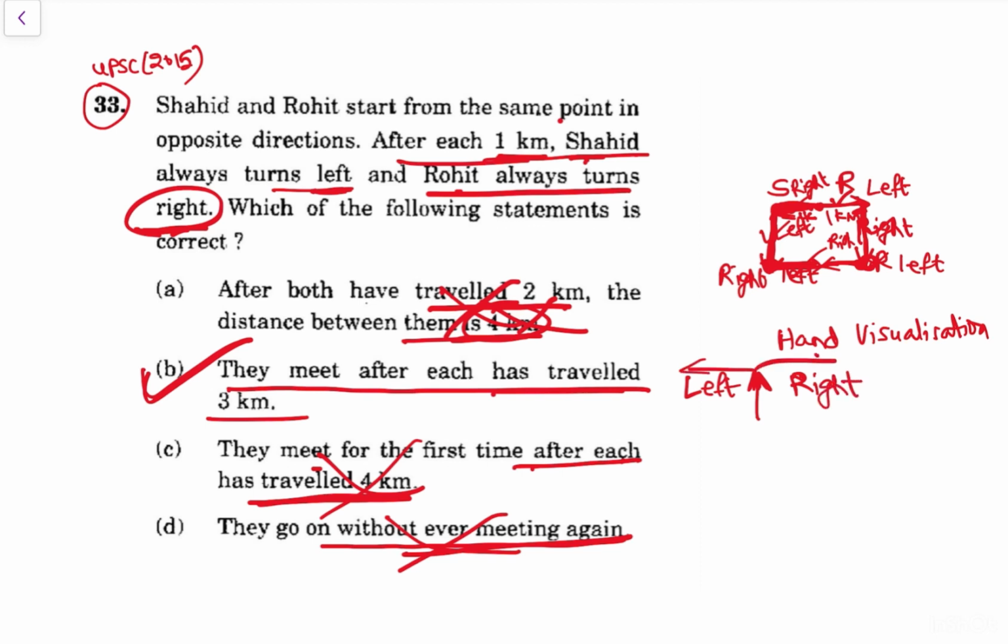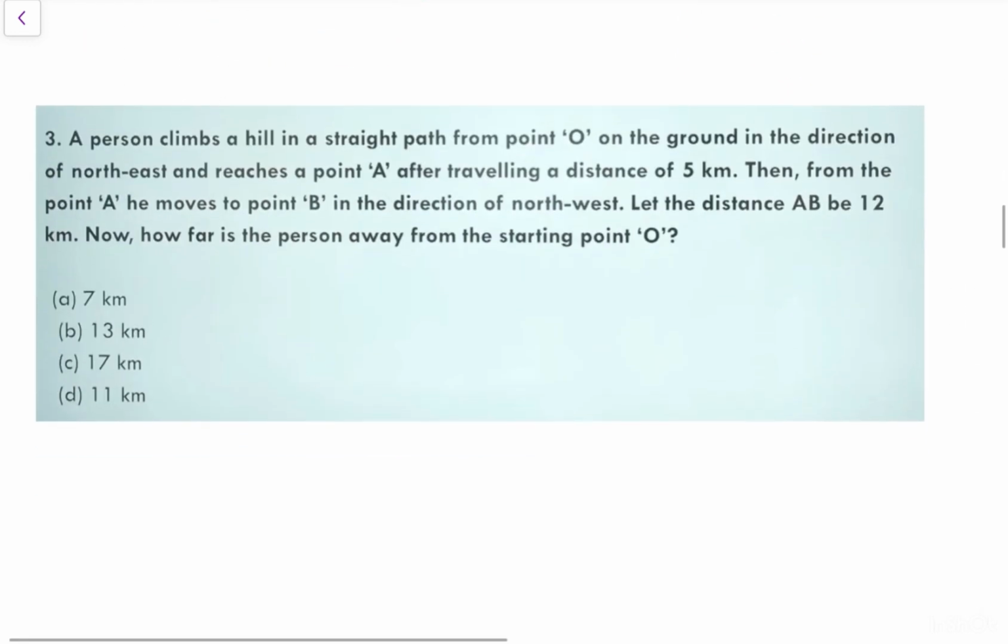If you move right, it means you move this side. Similarly, if you are standing with your head facing this side, that means your left hand is this side and your right hand is this side. So if you move left, you move here, right here. So same for everything. So just knowing left and right, you can solve this question.